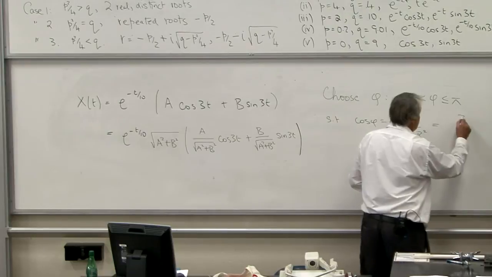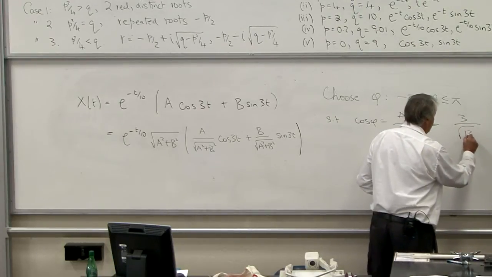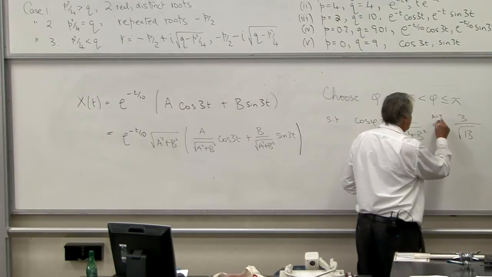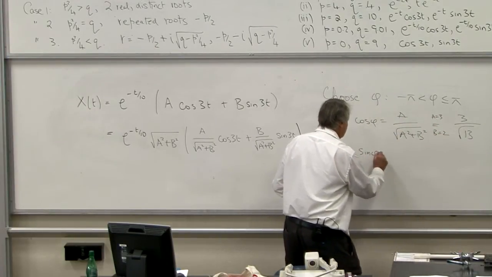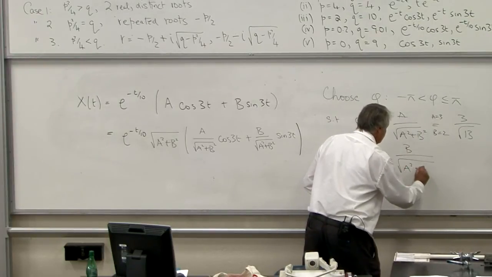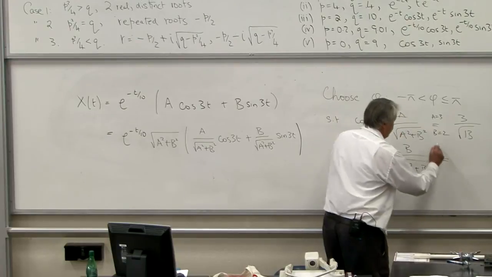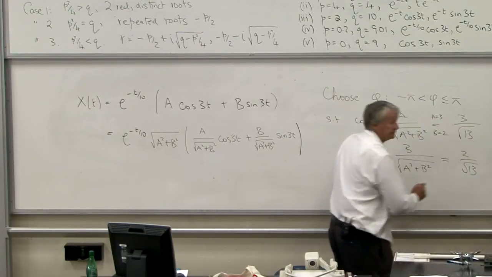This would be 3 over root 13 if a was 3 and b is 2. And the sine phi, choose it to be b over square root of a squared plus b squared. And if I use those values, this would be 2 over root 13. Okay?